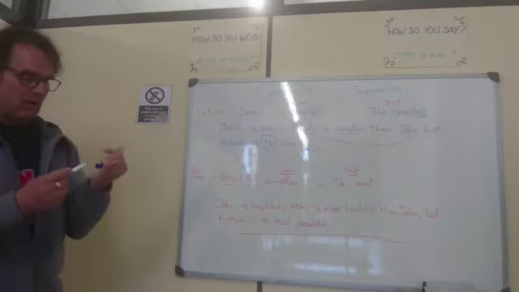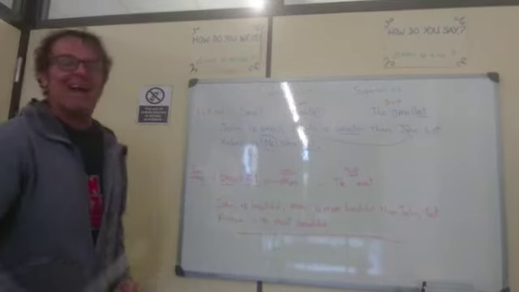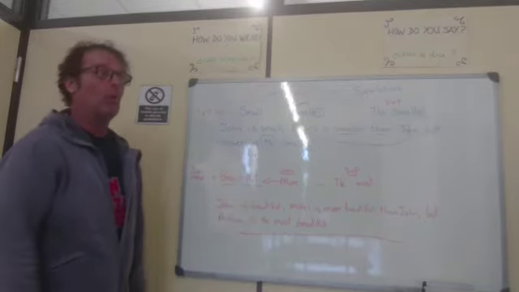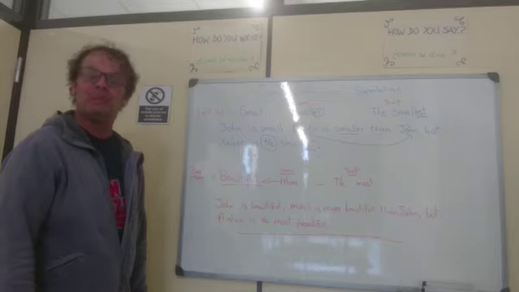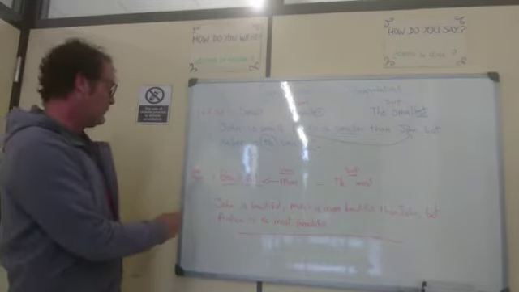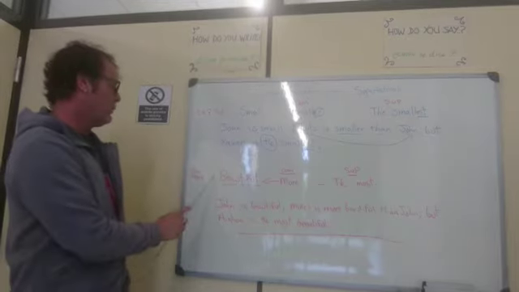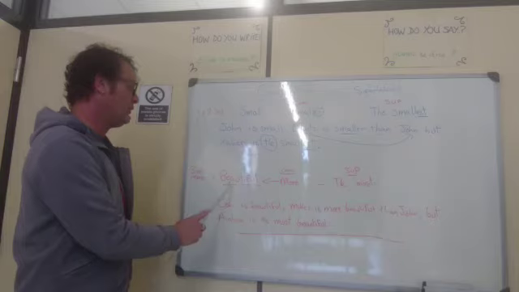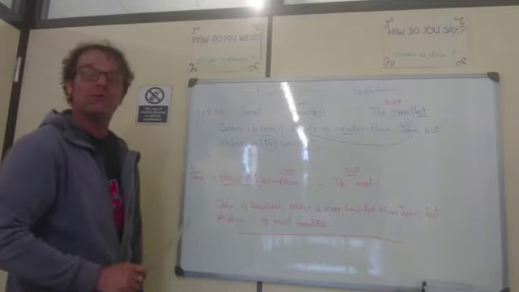Okay. Now, when we use a word with three or more syllables, we have to change the comparative and the superlative. For example, with three or more syllables, we use beautiful. Beautiful.